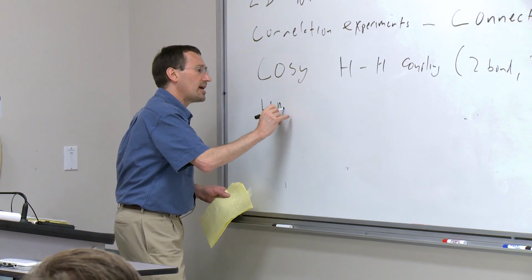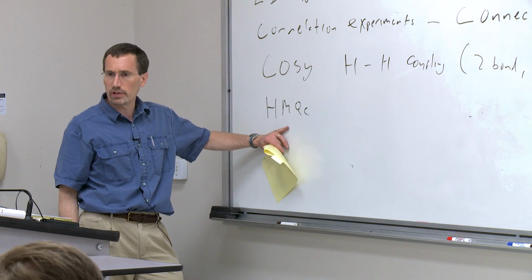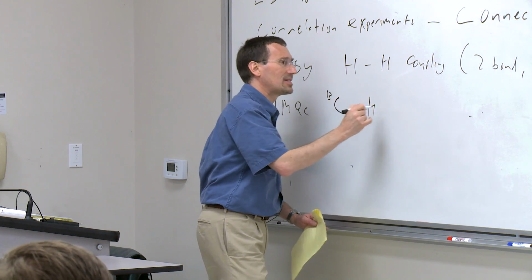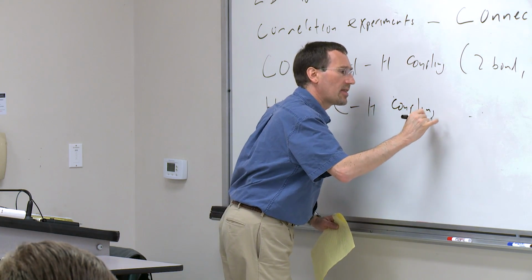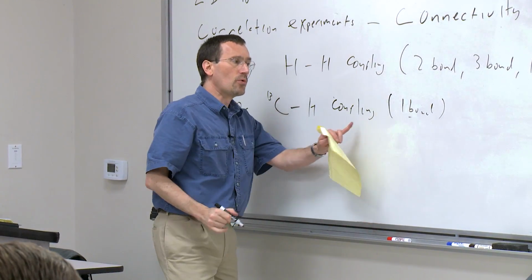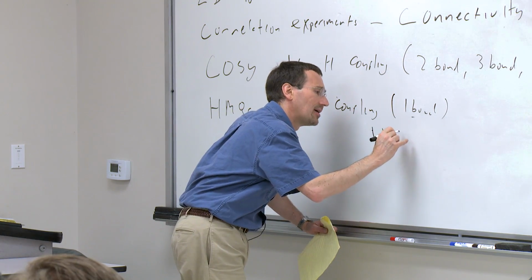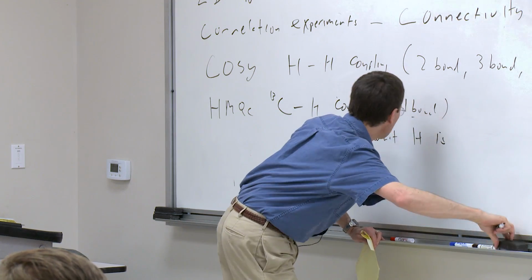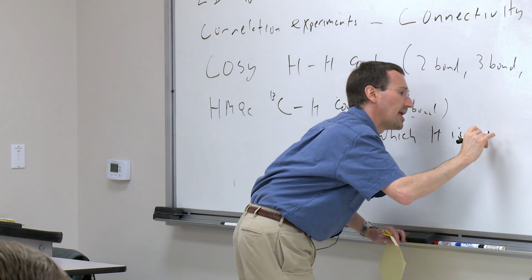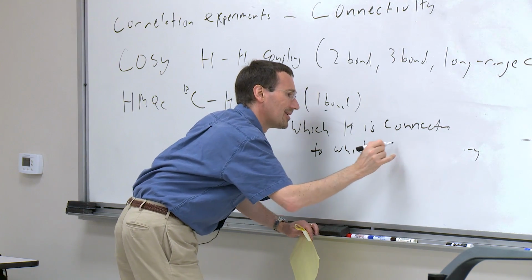The other technique is HMQC. HMQC is a heteronuclear technique. It gives CH coupling, so I'll write it as C13H coupling. In other words, it happens to be 1-bond coupling, but it tells you which H is connected to which C13.